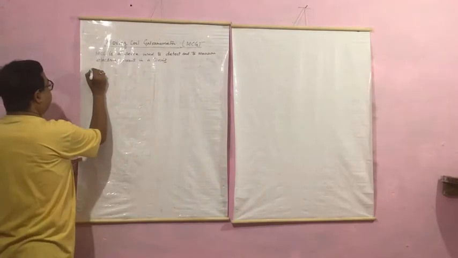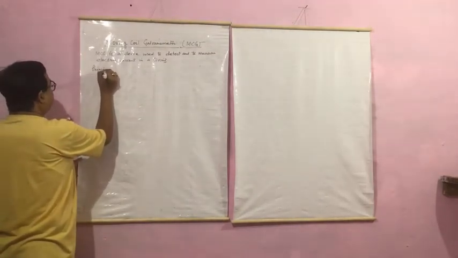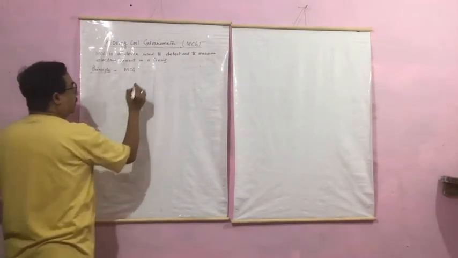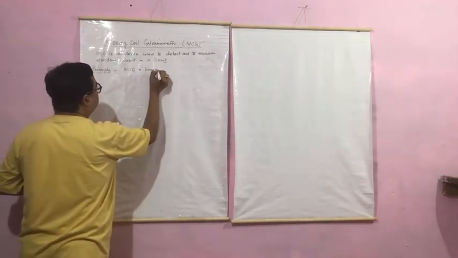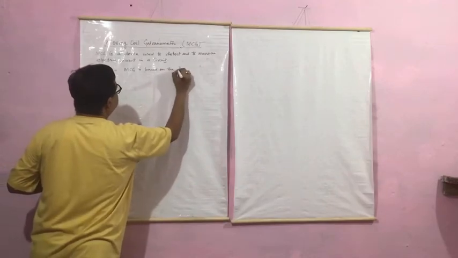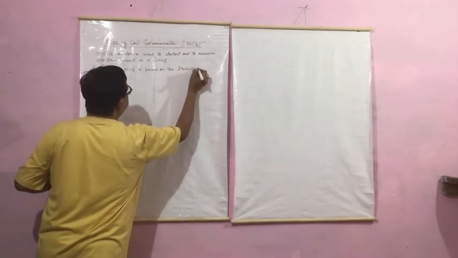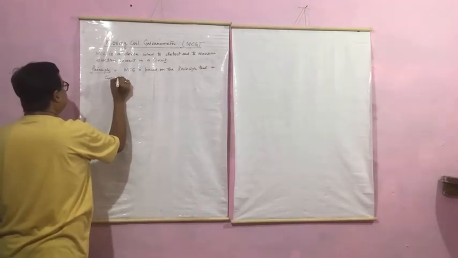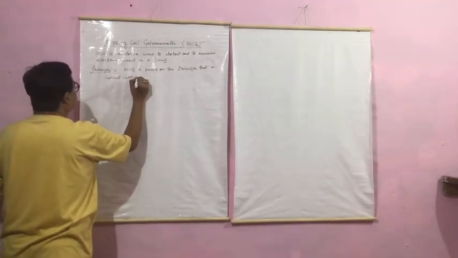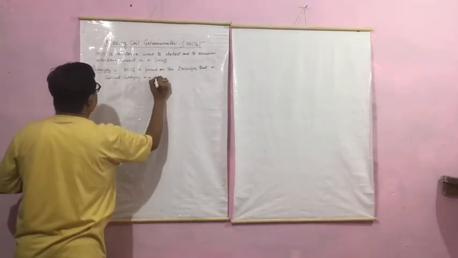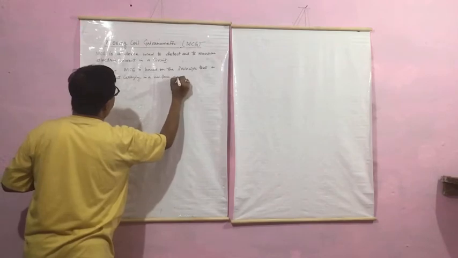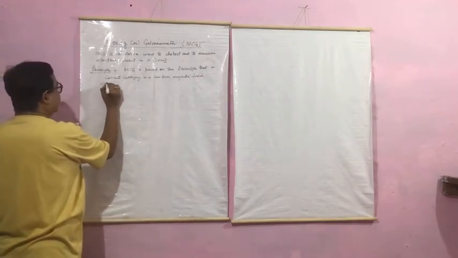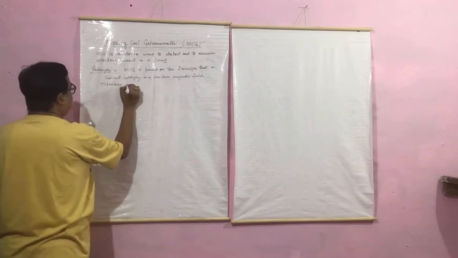Now the principle. MCG, moving coil galvanometer, is based on the principle that a current carrying coil in a uniform magnetic field experiences a torque.